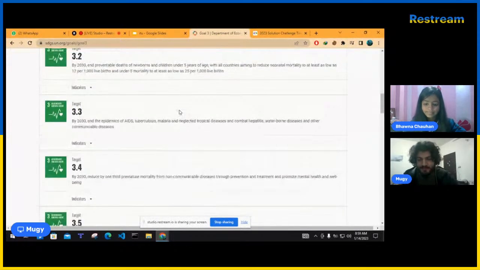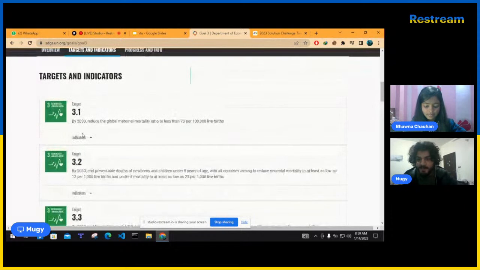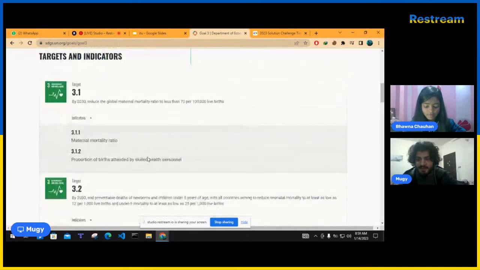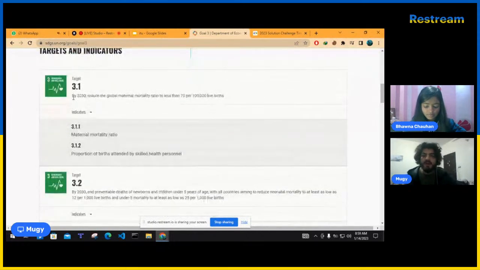So let's suppose if I were you, look at the indicators. By 2030, reduce the global maternal mortality ratio to less than 70 per 100,000 live births. So you also have to look at these numbers, the numbers that are affecting the people, the numbers that are affecting our planet. You have to care about this thing, especially.